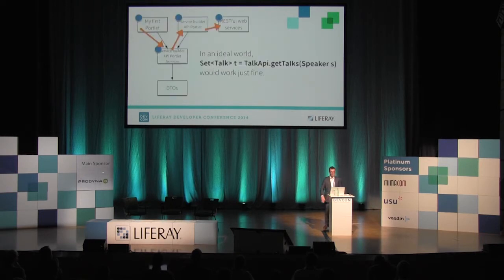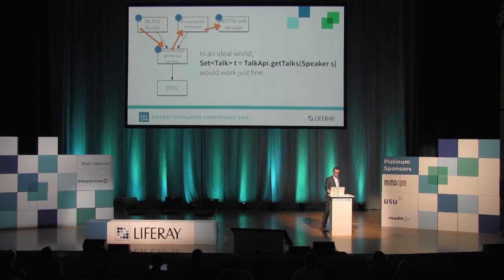And that is due to, in an ideal world, my Service Builder implementation and my API portlet services, which are dependent on my DTOs, would be all in one class path, and my portlet would call the portlet services, the interfaces, which would call the implementation, that means the API portlet, and that would do the REST call.